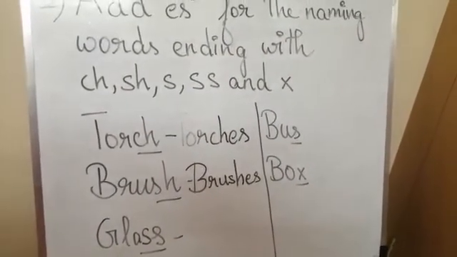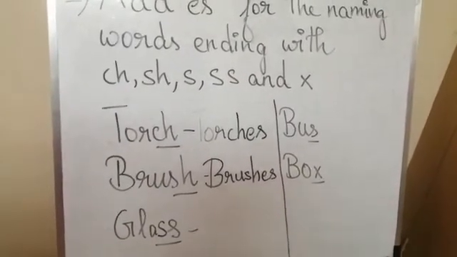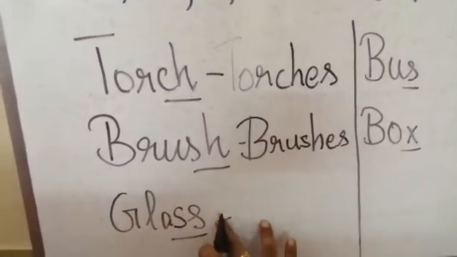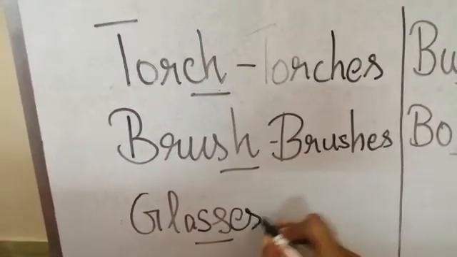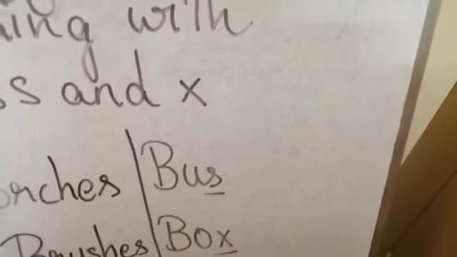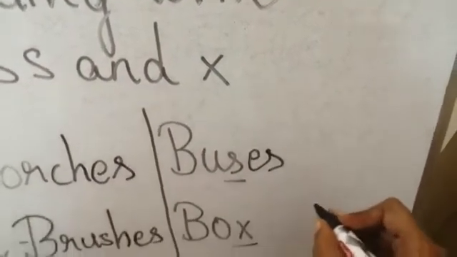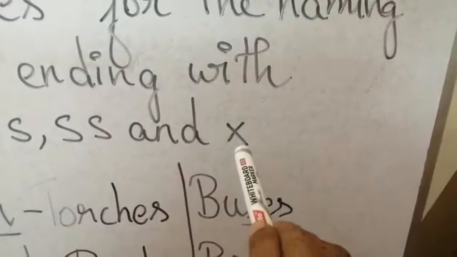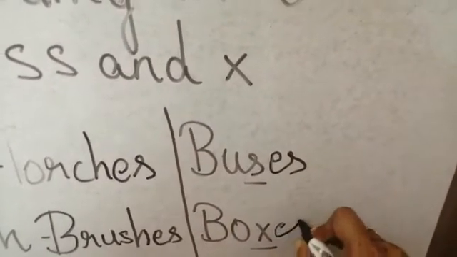This word is also in the list, so at the end you should add es: glasses. Now bus. You should add es at the end: buses. Okay, box. This word is also in the list, so you should add es at the ending.